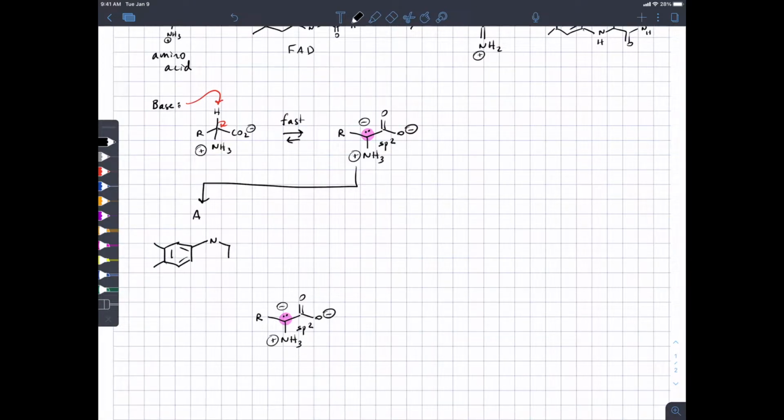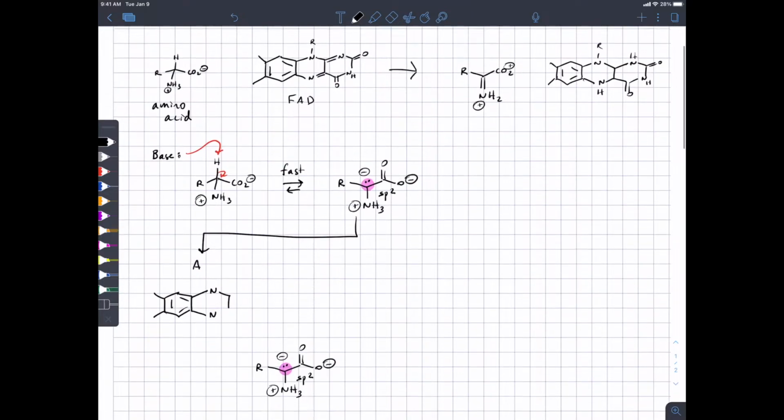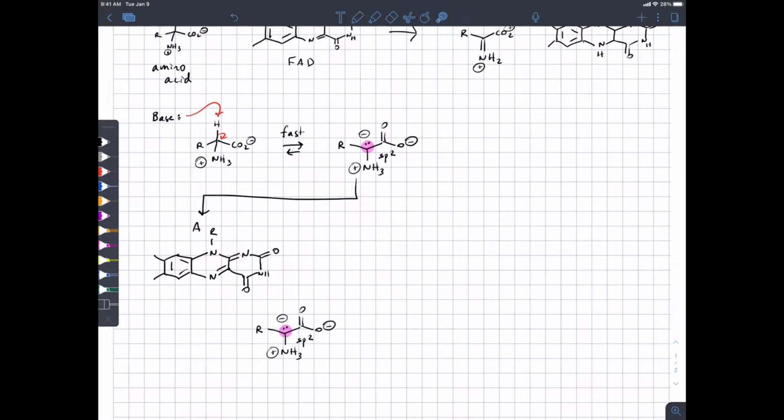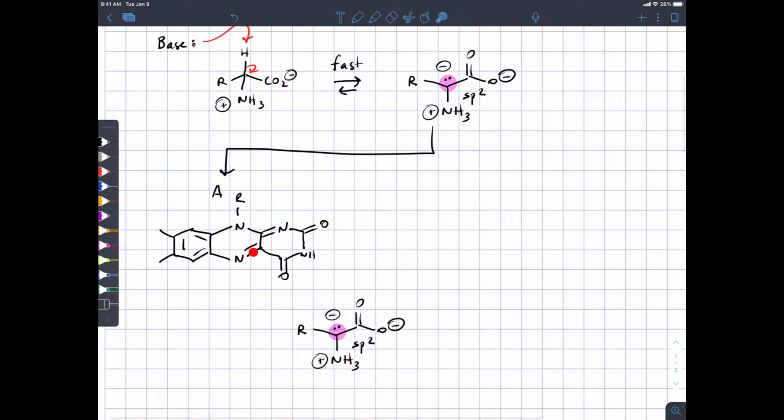So I'm sorry that we're drawing this horrible thing multiple times. It's good for you, just like eating your peas. All right, so notice in the FAD structure, you basically have an extended conjugated system here.